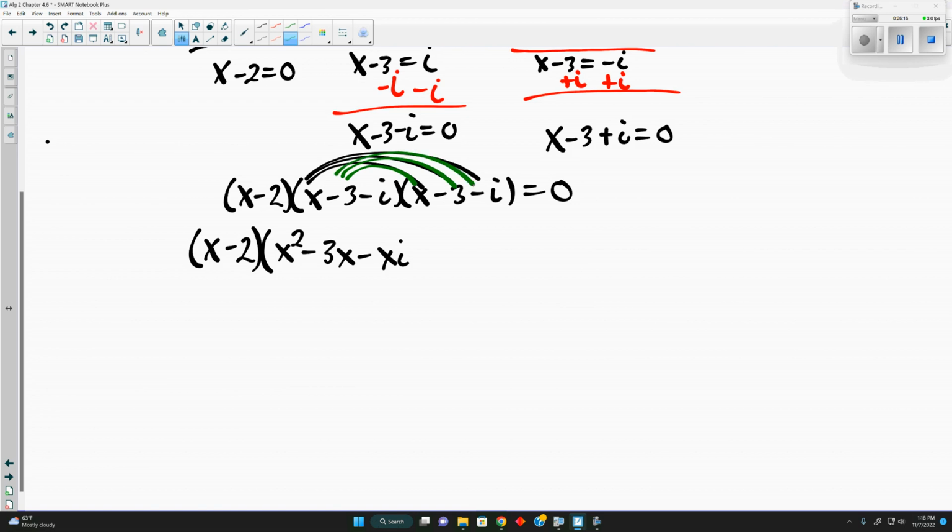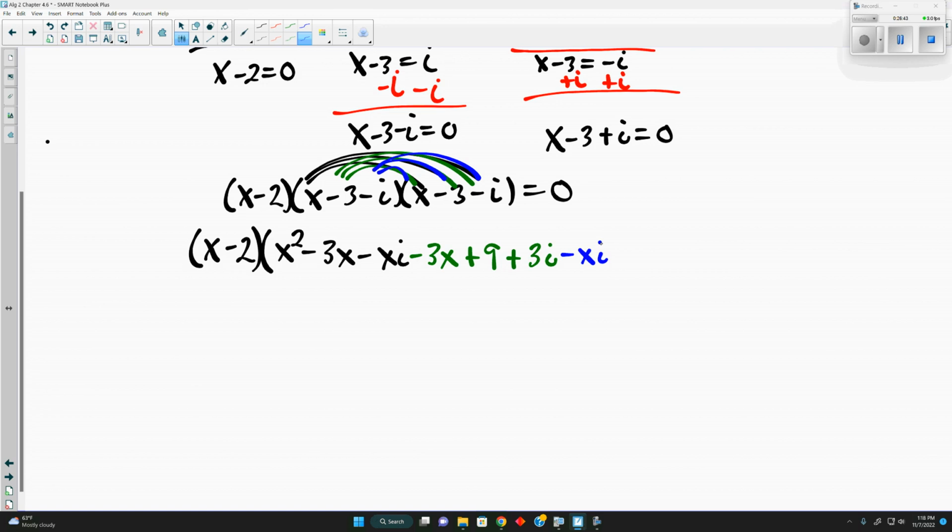Negative 3 times x is negative 3x. Negative 3 times negative 3 is positive 9. And negative 3 times negative i is plus 3i. And last but not least, we have to distribute the i. Negative i times x is negative xi.